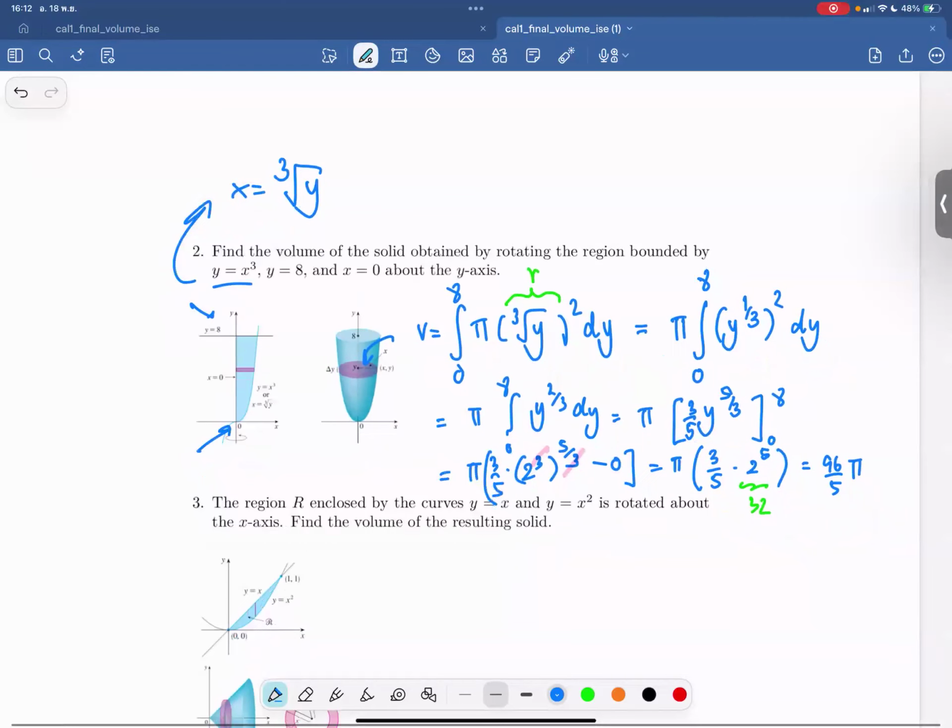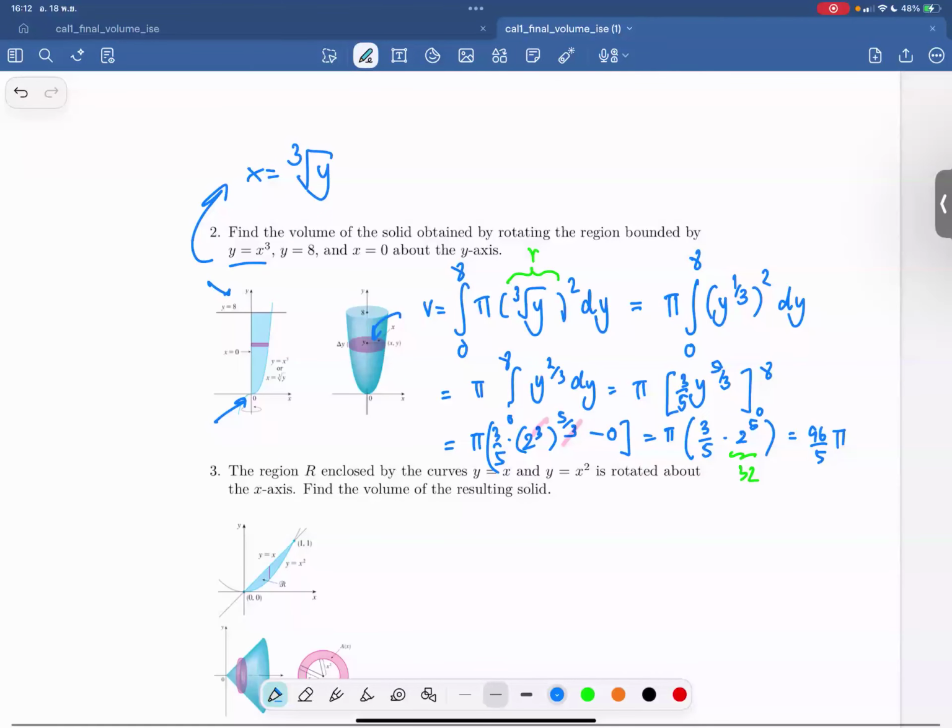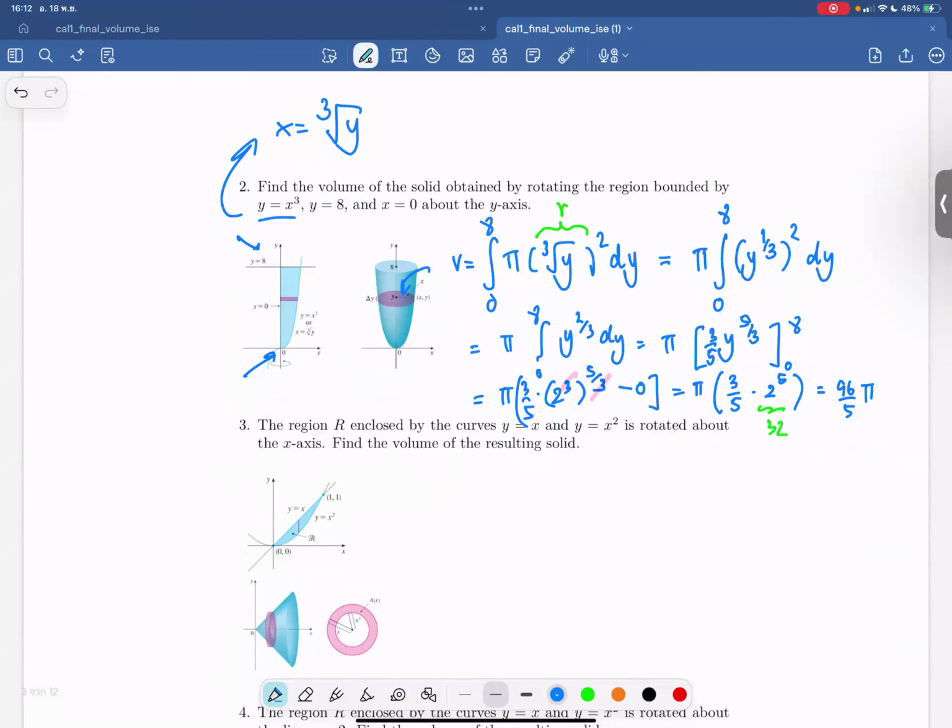The main thing is that you just try to think about what your radius is and what your axis of rotation is.